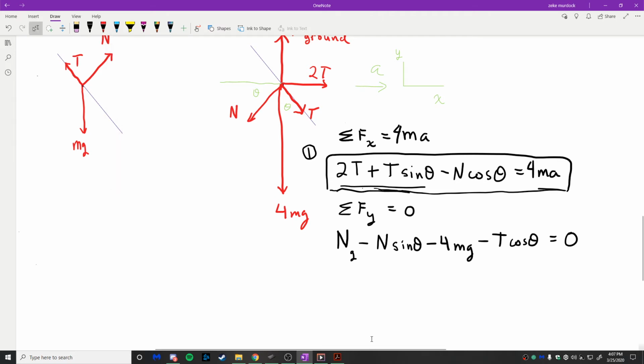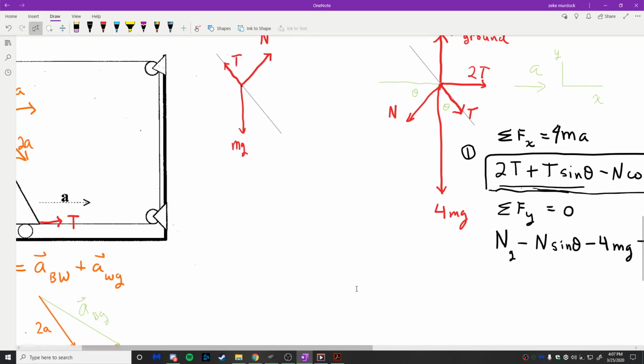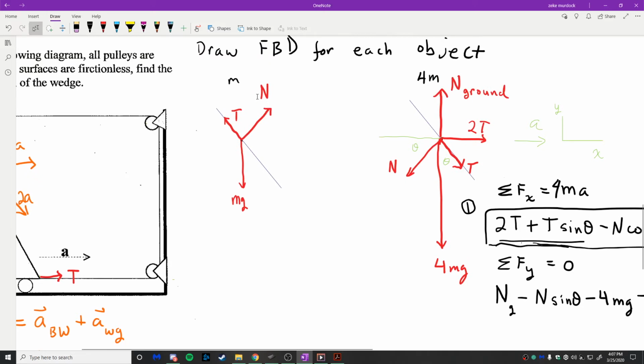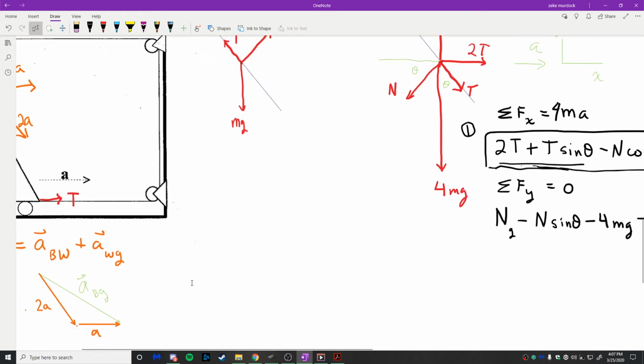Okay, let's go back and talk about the block then. So this guy is complicated because of this situation here, right?